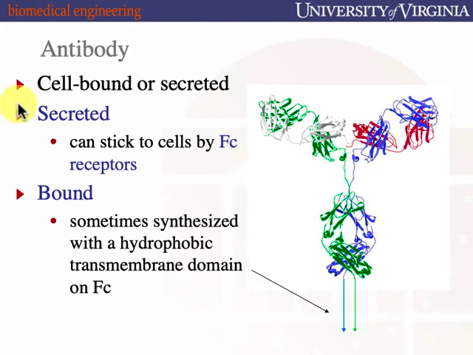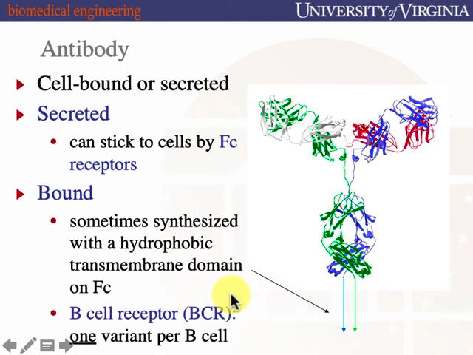When they're in the bound state, it's usually because they're synthesized with some type of hydrophobic transmembrane domain on the end of Fc. And as that B cell matures into a plasma cell, it'll undergo post-transcriptional modifications. So it'll undergo splicing that we'll talk about later in order to clip those things off so now it can be secreted. Okay? So in the bound state, it has a hydrophobic tail that will turn into a transmembrane domain.